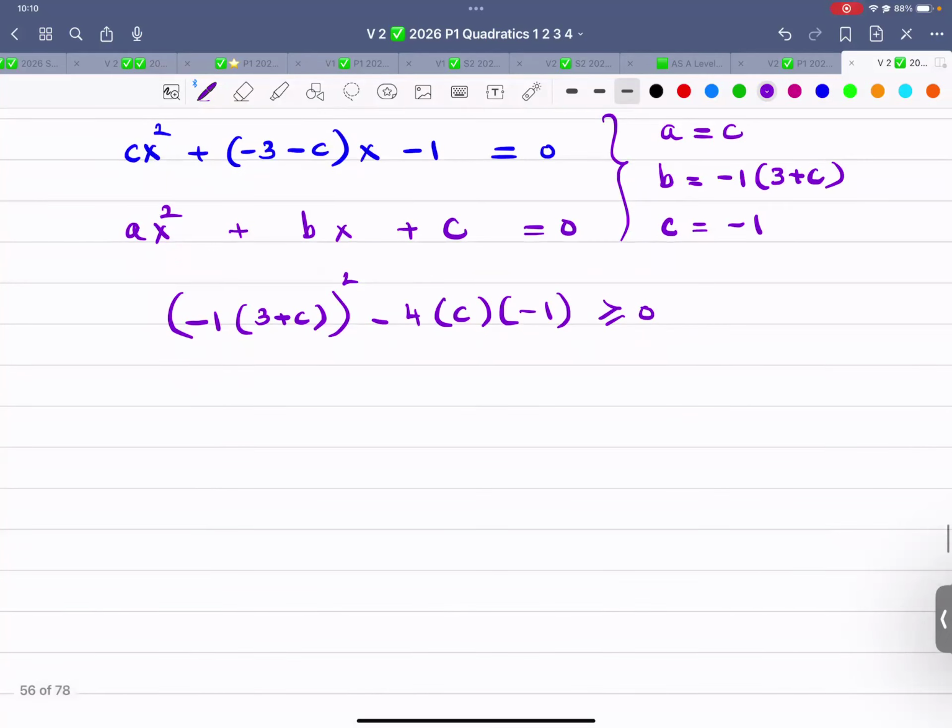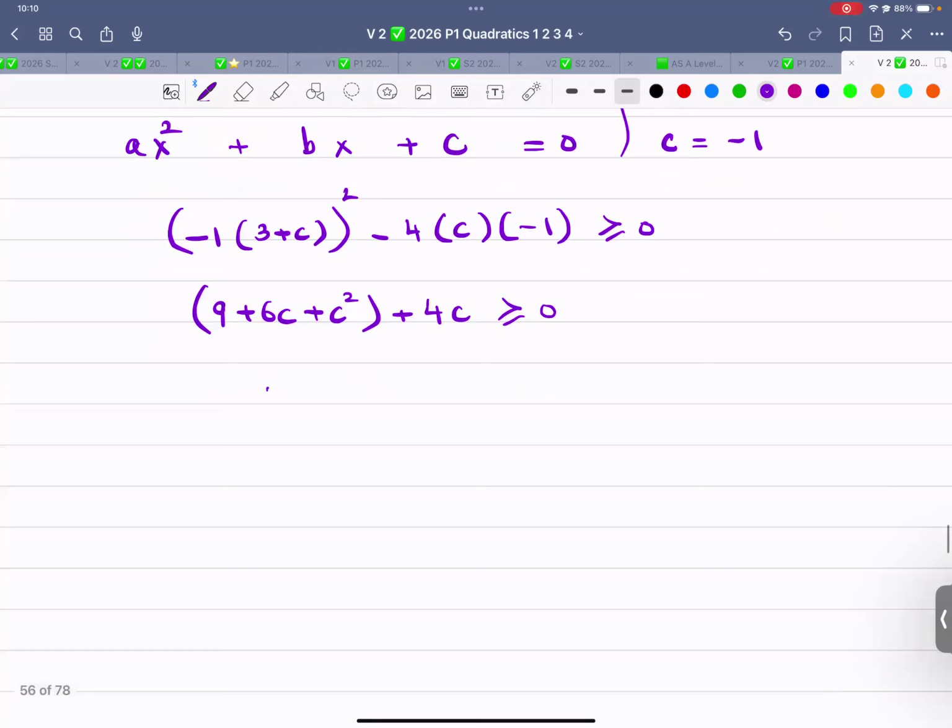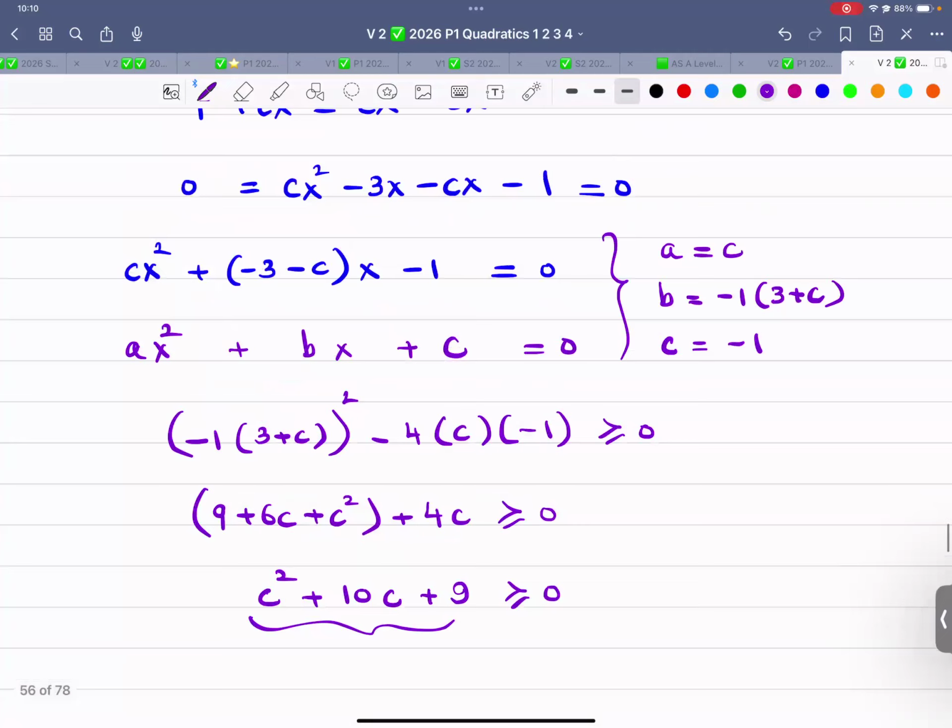Solve it out. So minus 1 square becomes positive. This is 9 plus 6c plus c square. And this is positive 4c, greater than or equal to 0. c square plus 10c plus 9 is greater than or equal to 0. So remember, this is the simplified version.